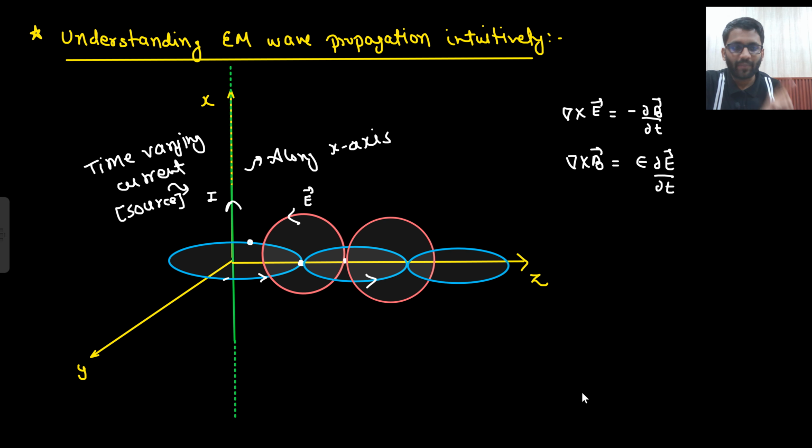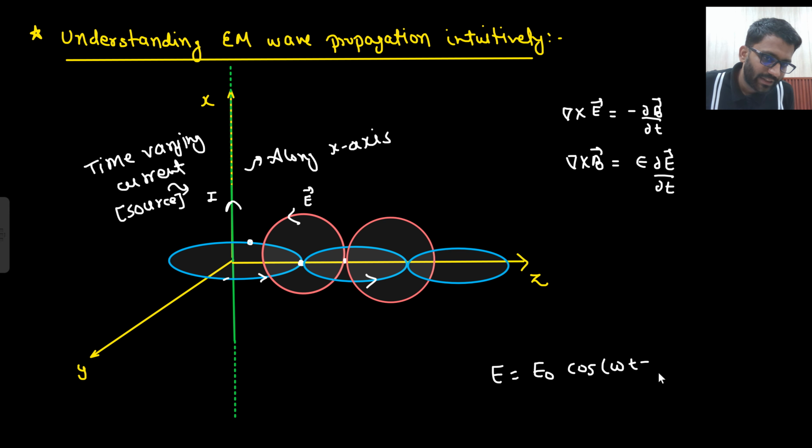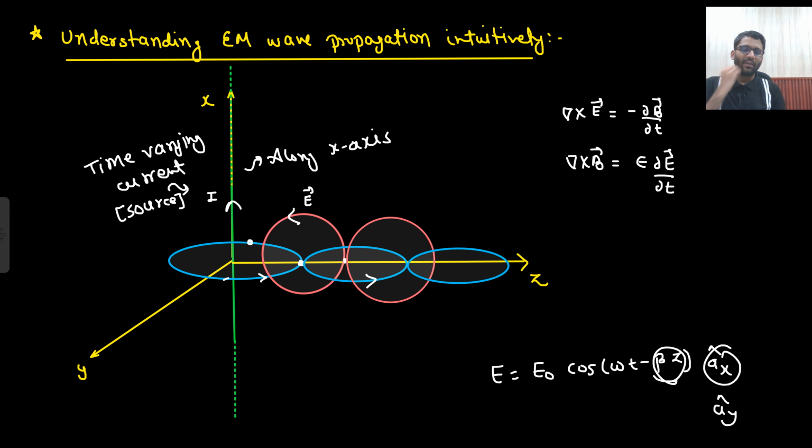What I am saying is, if my wave is propagating in z direction, then the component of electric field will be in x direction or in y direction. It can never be in the direction of z. What do you mean by that? That az cap, whatever is written here, that would be 0.